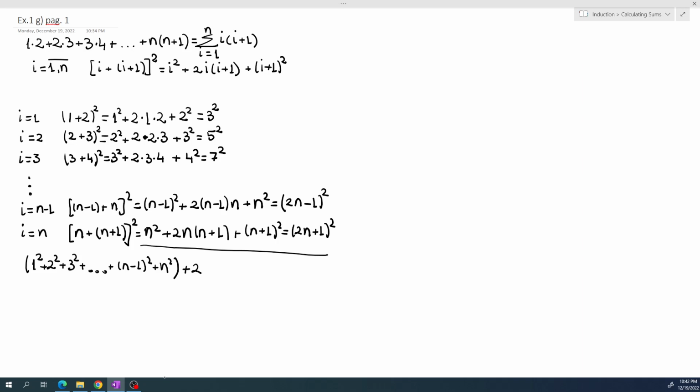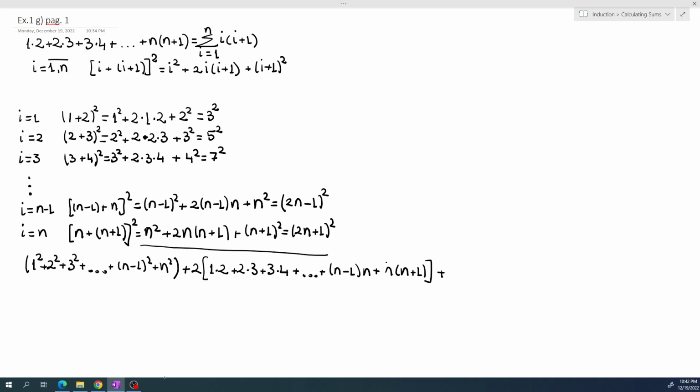Then we will have 2 multiplied by 1 multiplied by 2 plus 2 multiplied by 3 plus 3 multiplied by 4 plus dot dot dot plus n minus 1 multiplied by n plus n multiplied by n plus 1, plus the last term.